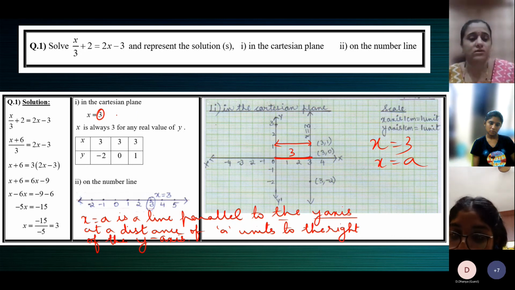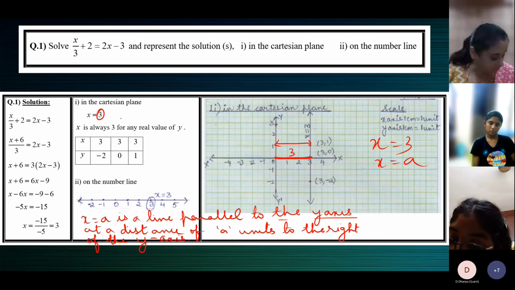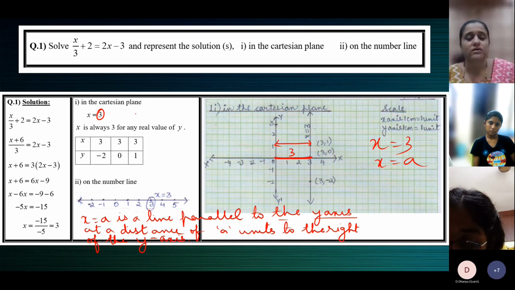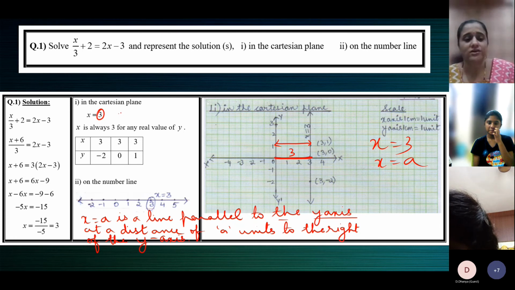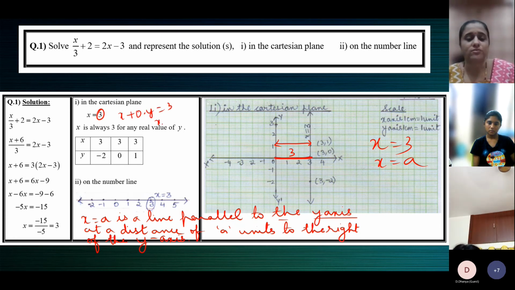So in the bracket, if you want, you can just write this. So x is equal to 3. How do you treat it as a linear equation in two variables x and y? X plus 0y is equal to 3, or x plus 0y minus 3 is equal to 0. I'll write it again. X is equal to 3. How do you write it as a linear equation in two variables x and y? X plus 0y is equal to 3.